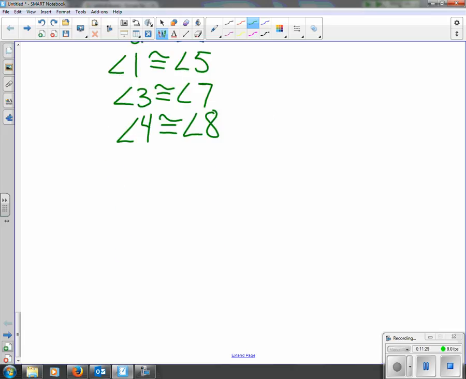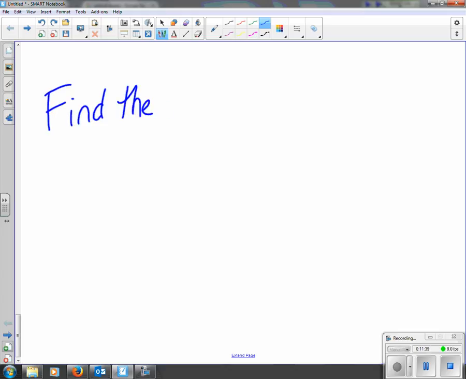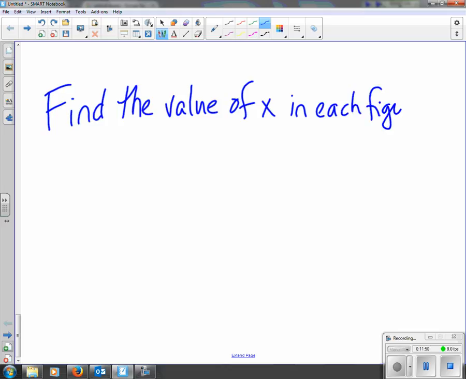Okay, so let's try some of this. Let's see what this means. Let's find the value of x in each figure. I'm going to give you an example here.